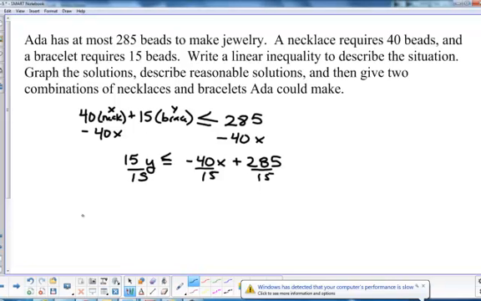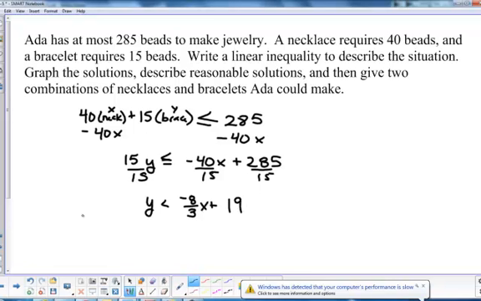So 40 divided by 15, let's reduce it. So that would be negative 8/3, plus 285 divided by 15 is 19.